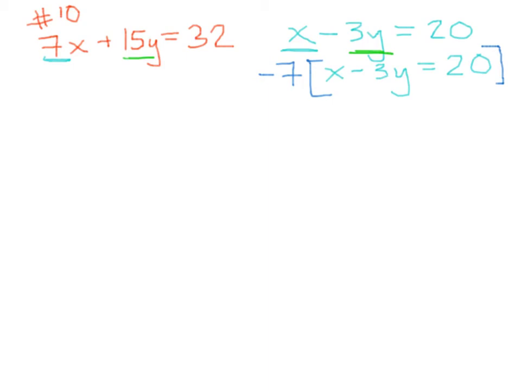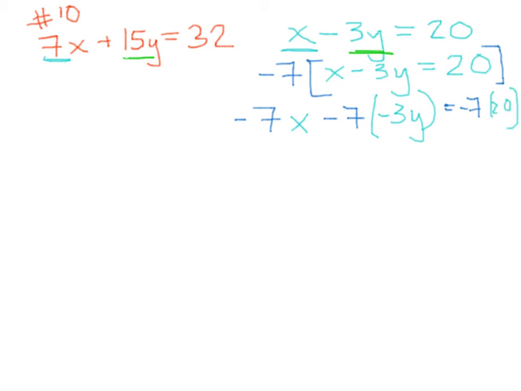So I have negative 7 times x, and then I have negative 7 times a negative 3y, and then I have negative 7 times 20.